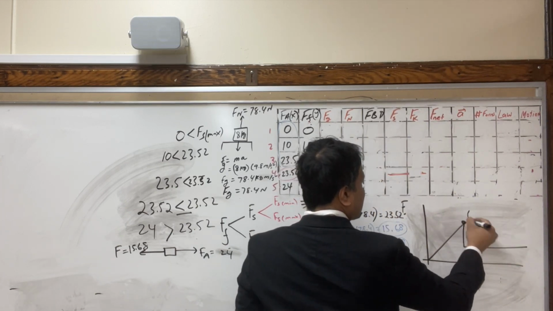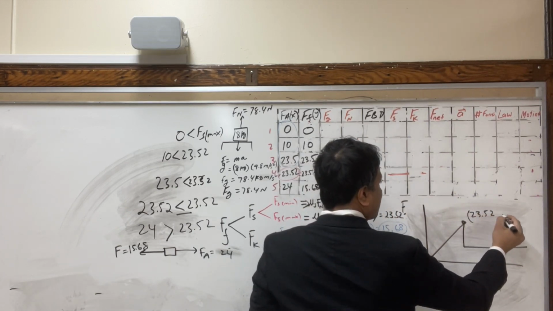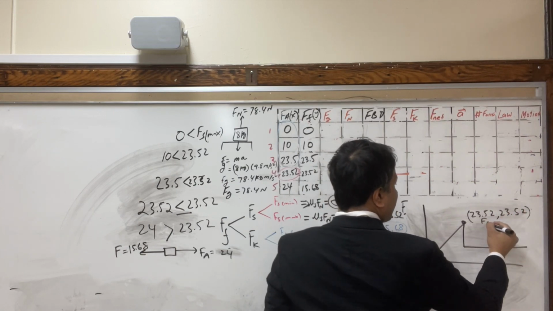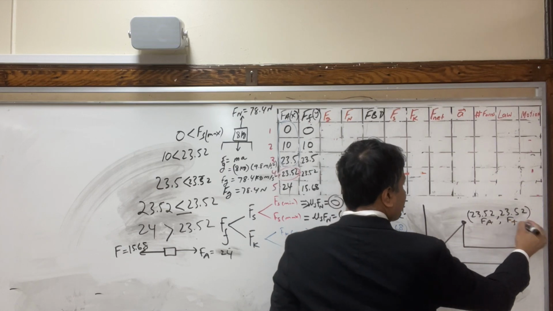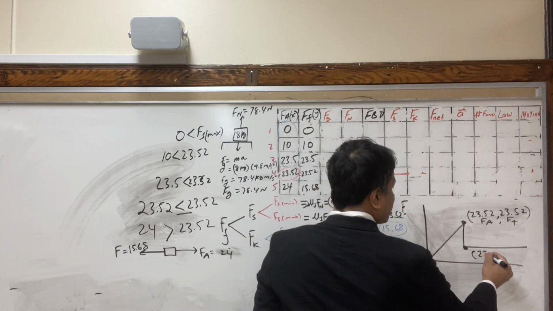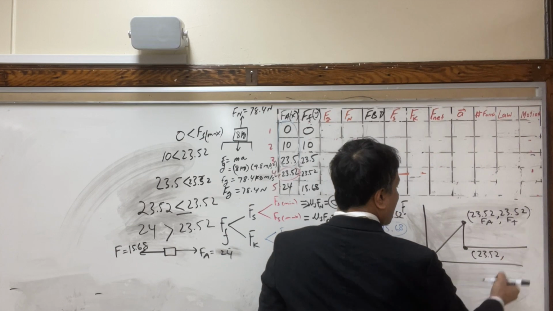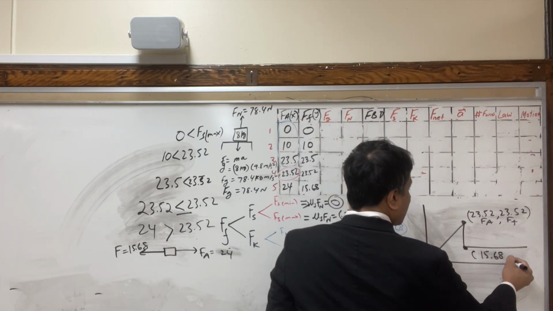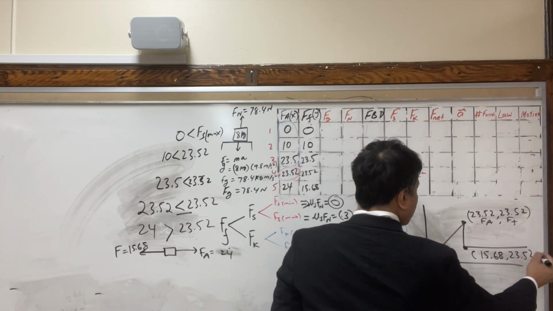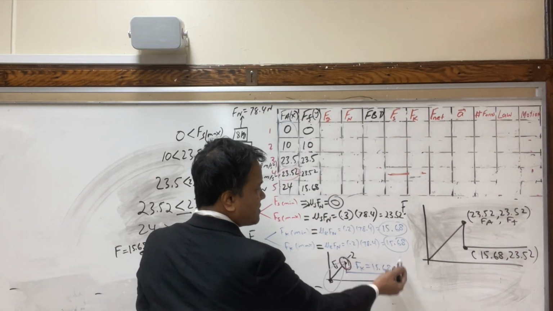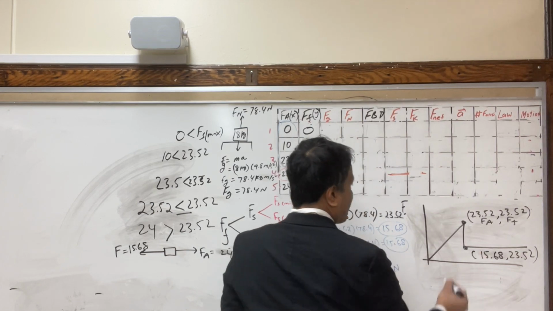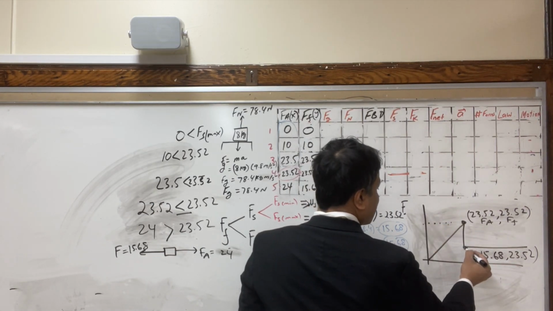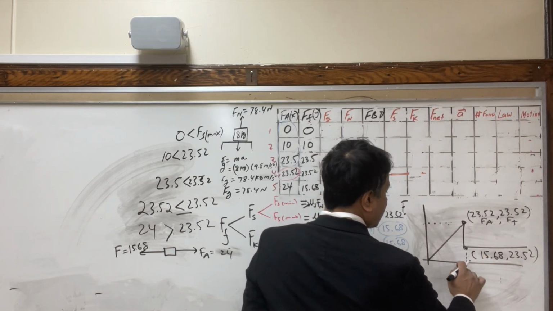This point is 23.52, comma 23.52. This is FA and this is FF. And this point is 23.52, comma 15.68. This point is here, and this point is here.